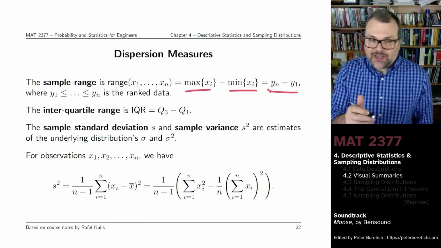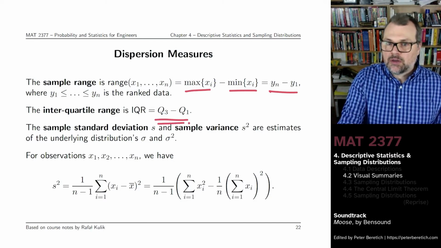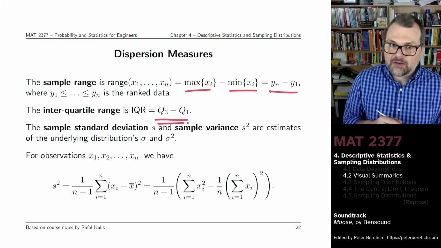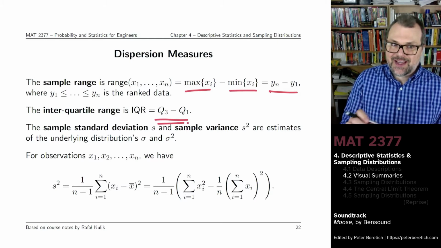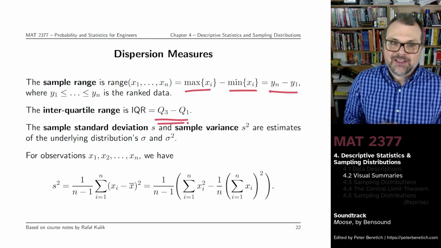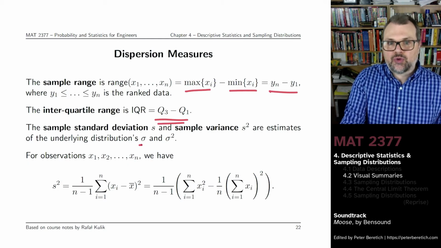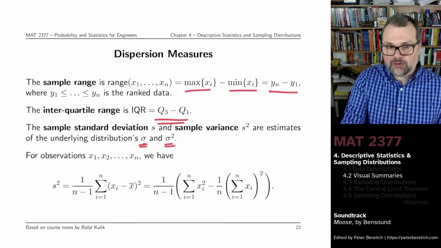The interquartile range we've already talked about. It measures the distance between the third quartile and the first quartile. And the sample standard deviation S and the sample variance, these are estimates of the true underlying distribution sigma and sigma squared. Sigma squared being the variance, sigma being the square root of the variance.